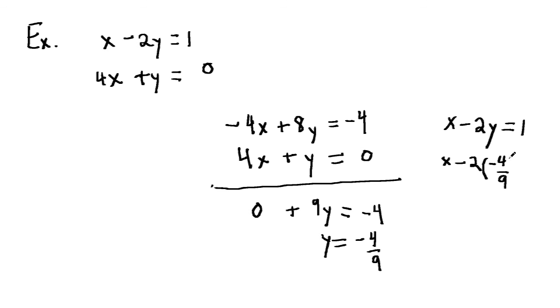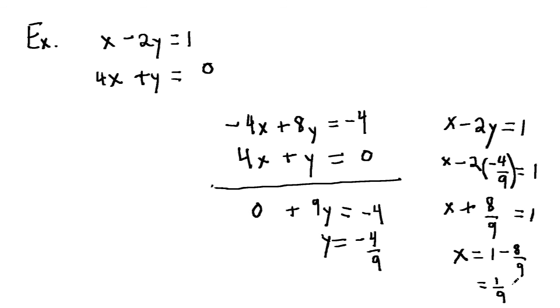Okay, let's simplify this. That becomes 8 over 9. And subtract 8 over 9 from both sides. So x equals 1 over 9.